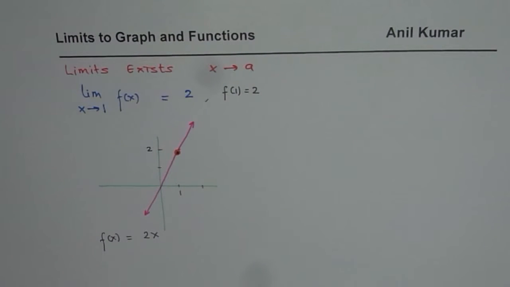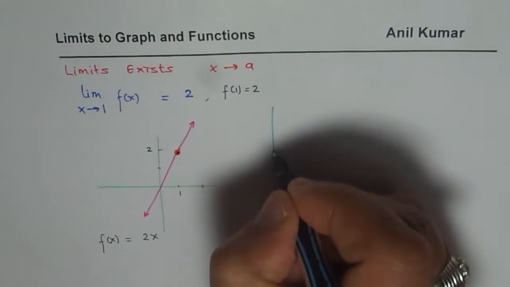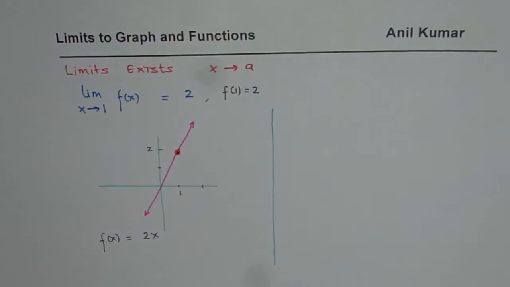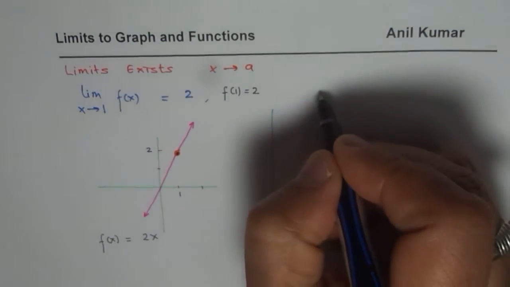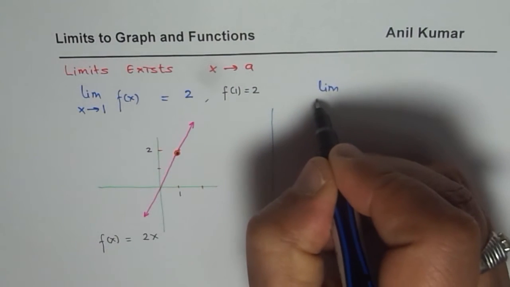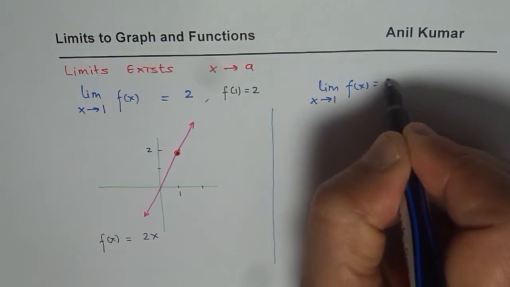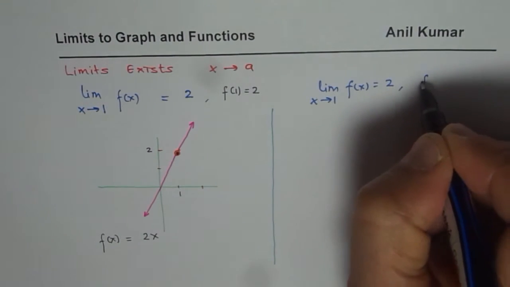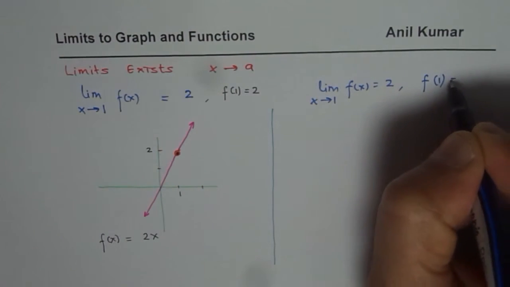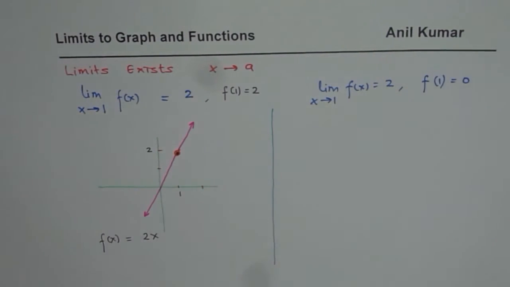Now let us consider the same example, but in this case we will say that the value of the function is different. I'm just changing the question a bit so that we understand the concept. We say the limit as x approaches 1 of f of x is equal to 2. However, the value of the function at 1 is, let us say, 0.